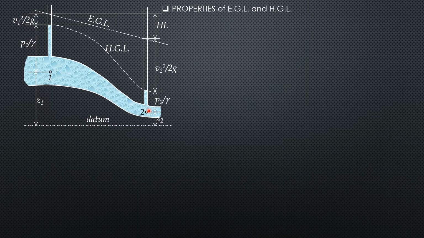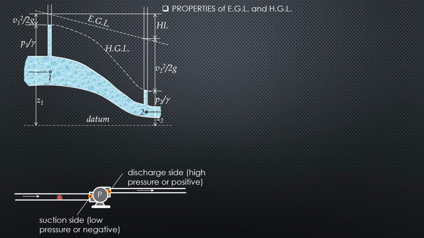At section 2, the velocity is higher, faster, because the section is smaller. So that's why the distance between the energy grade line and the hydraulic grade line is the higher velocity head. The two may coincide when there is no flow. The two will be parallel if the cross-section is constant. Here they are not parallel because the cross-sectional area changes in the direction of flow.